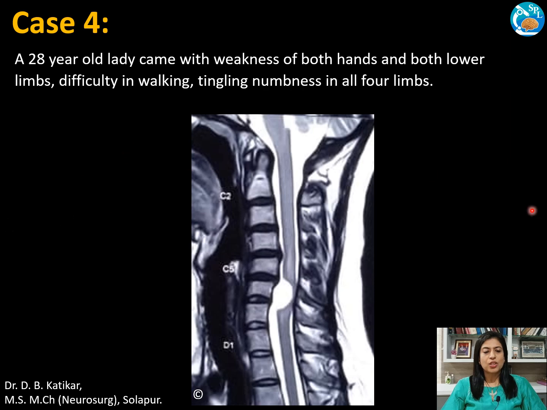On examination, she showed hypertonia of both the lower limbs, hyperreflexia of both the lower limbs with power grade 4. There was gross ataxia while walking. Her MRI revealed an intradural extramedullary cystic lesion that measured 1.8 into 1.3 centimeters in the anterolateral part of the cervical cord at the level of C6, C7.